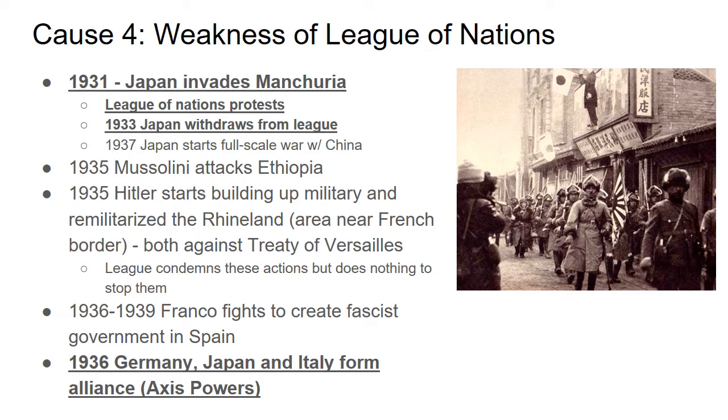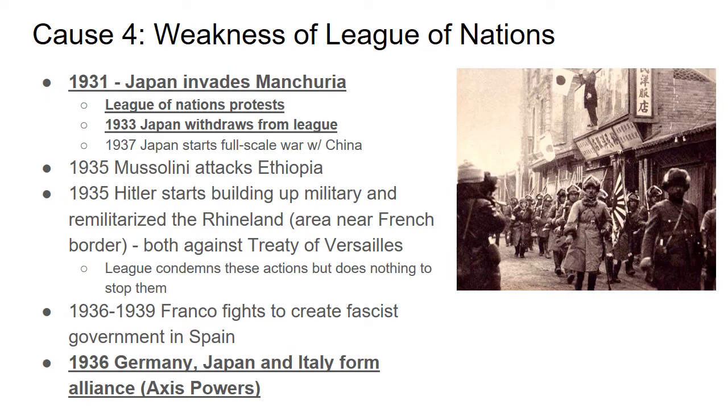However, as I said, both of these actions are against the Treaty of Versailles, and the League of Nations condemns these actions but does nothing to stop them. And so Hitler just continues. The League of Nations is also ineffectual at intervening in the Spanish Civil War that happens from 1936 to 1939, wherein Franco is fighting to create a fascist government in Spain.